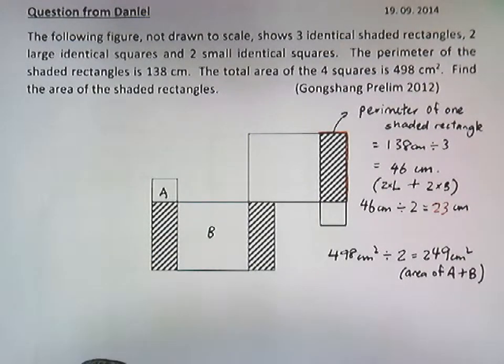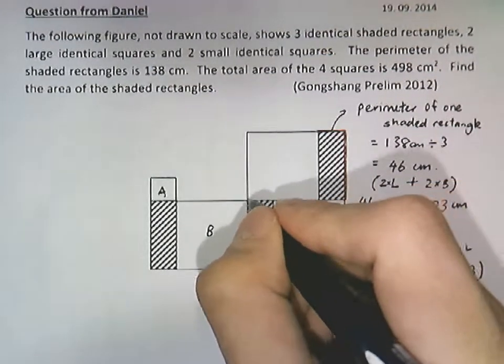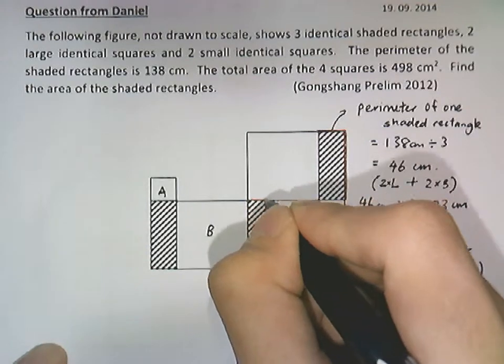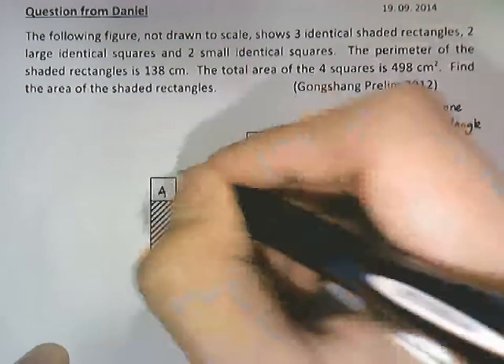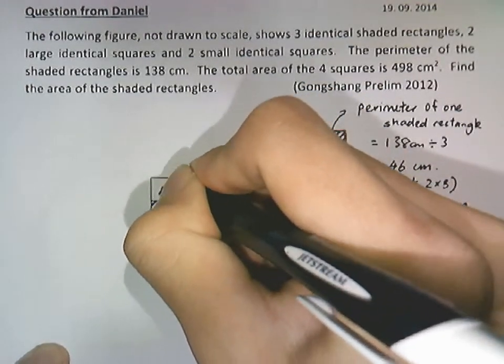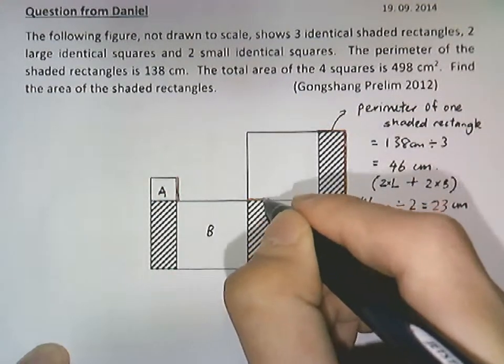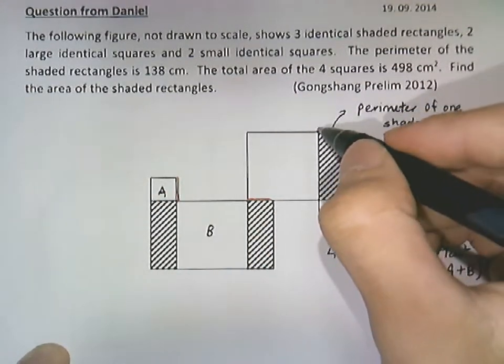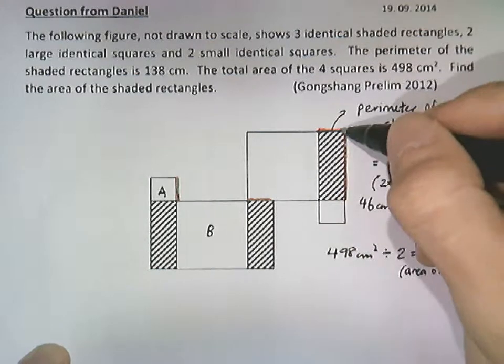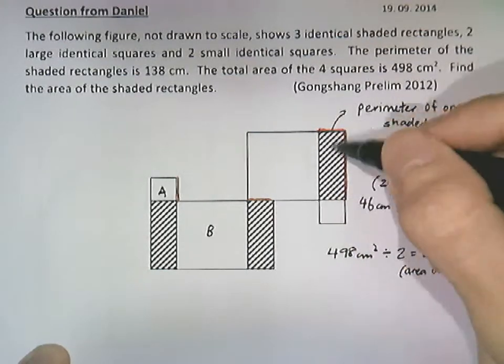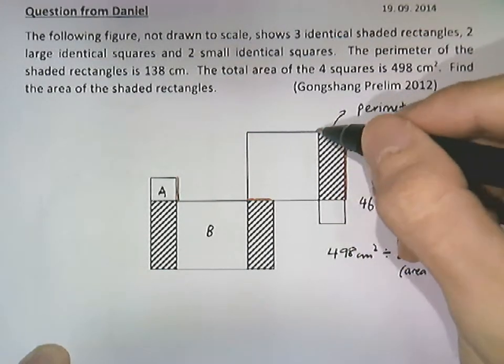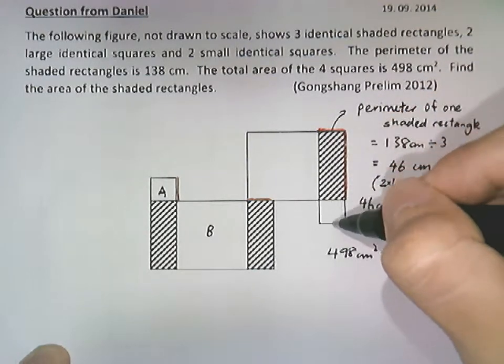Notice carefully that the breadth of this shaded rectangle is the same as this length, because the length of this breadth is the same as the side of the square.